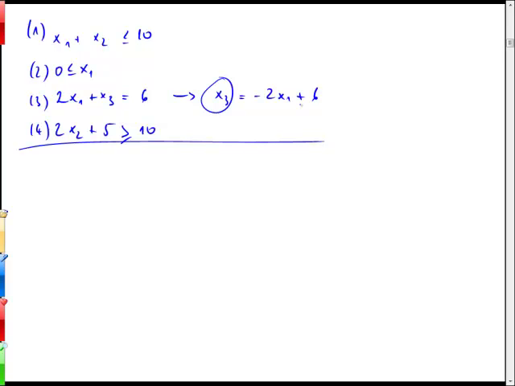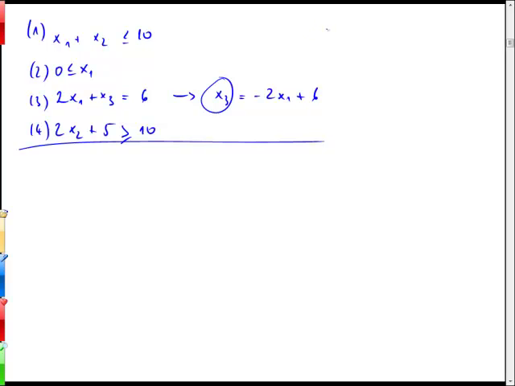These contain 2 variables, x1 and x2. Which one shall we eliminate first? Is there a difference? Is one of them better than the other one? No. Both have one upper bound and one lower bound, so it doesn't matter in the first instance. So let's say we do it for x1.